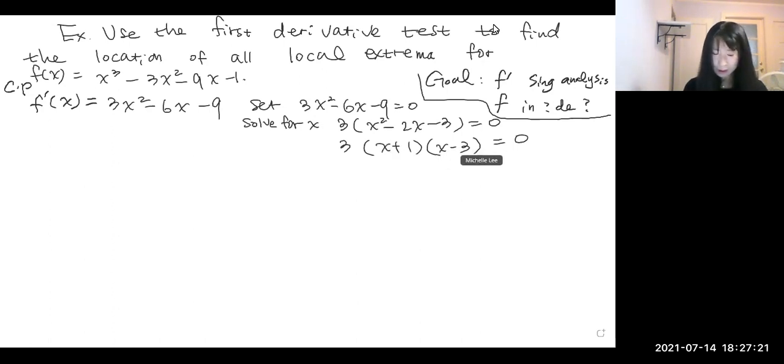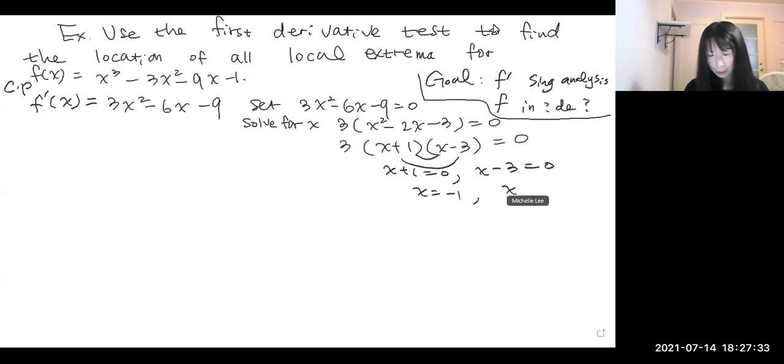Okay, let us check. Positive 1, negative 3x is negative 2x. Excellent. So we have x plus 1 equal to 0, x minus 3 equal to 0, x equal to negative 1, x equal to positive 3, right?